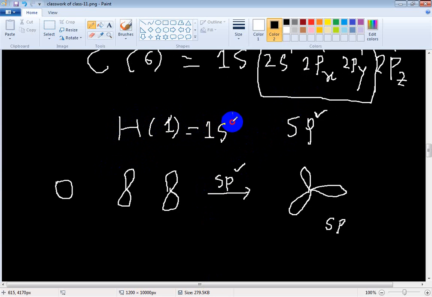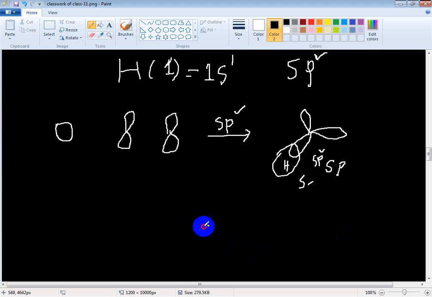So this is sp2, this is s, and the bond between carbon and hydrogen in benzene is an sp2-s bond. This is the sp2-s bond name.